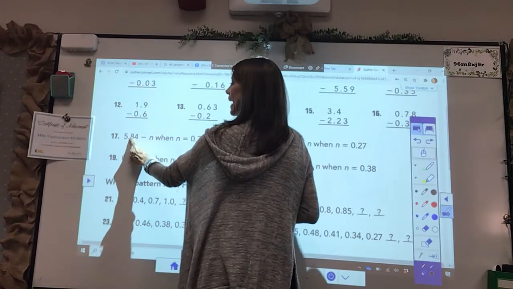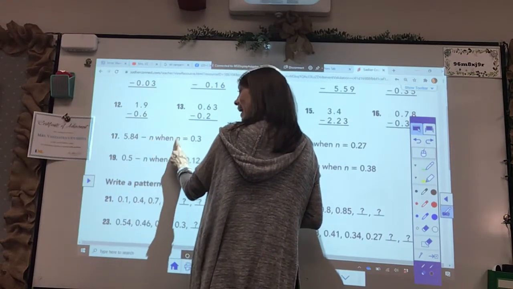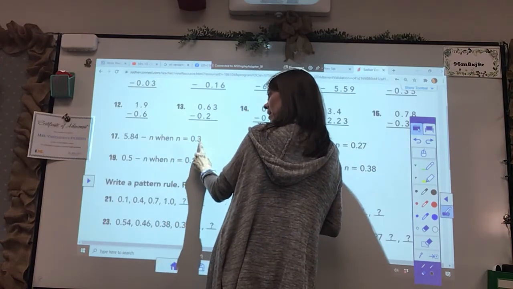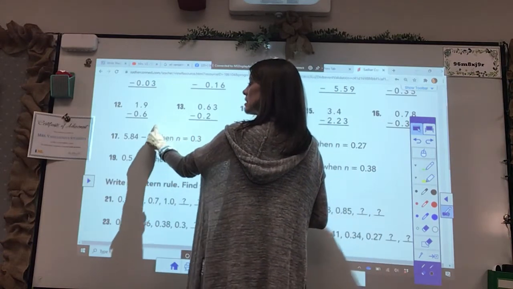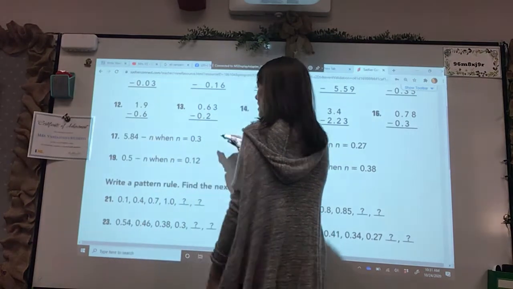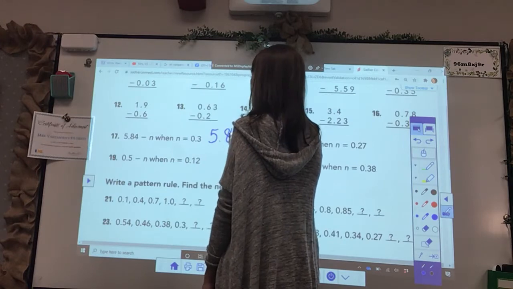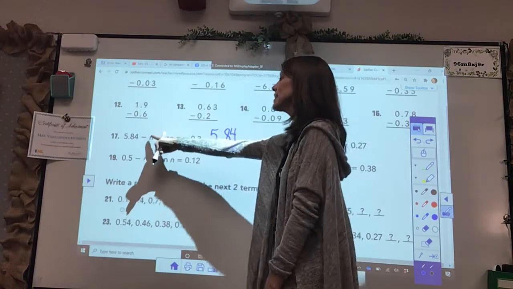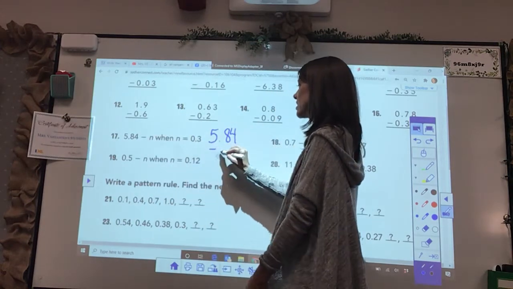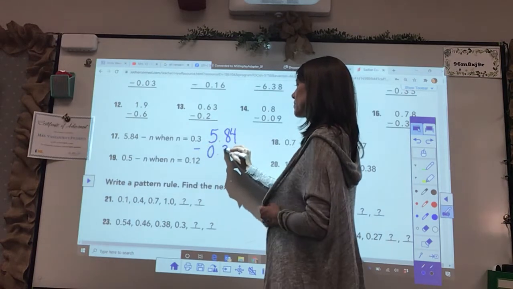5 and 84 hundredths minus n. What is that when n equals 3/10? So you just need to slip in that place of n. It says n is equal to 3/10, so put that in there. Now you've got 5 and 84 hundredths minus 3/10.